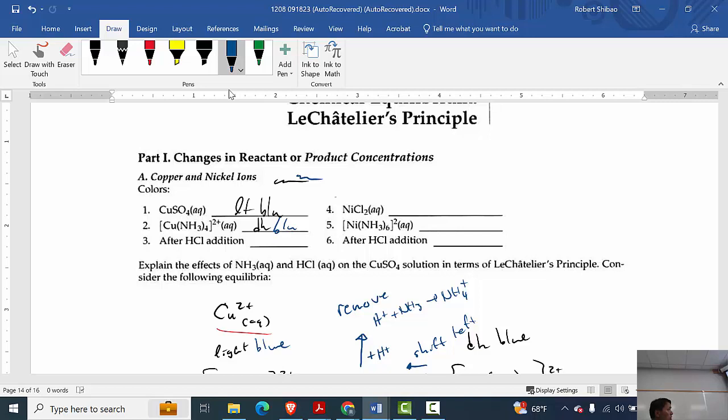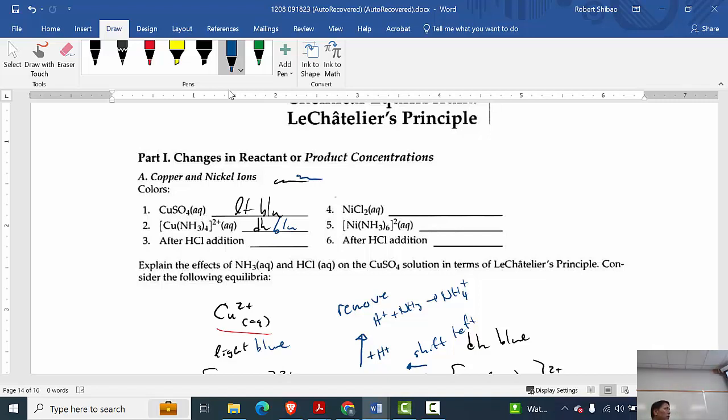After the HCl addition, what happened? Okay, so it just went to a very light blue, almost colorless.